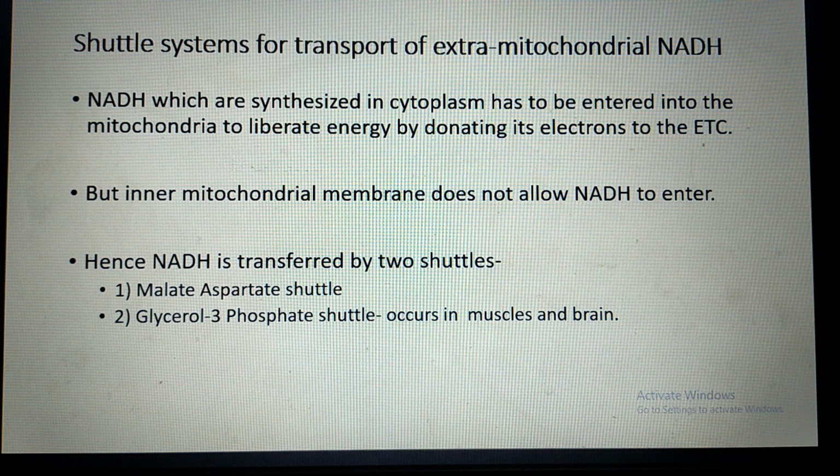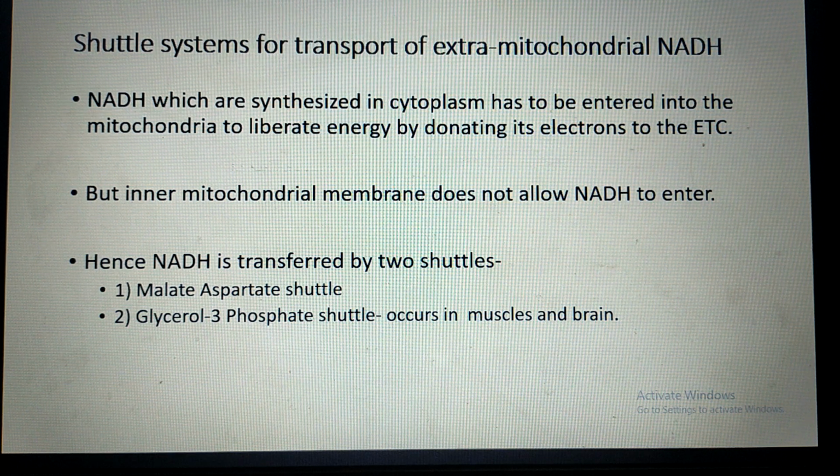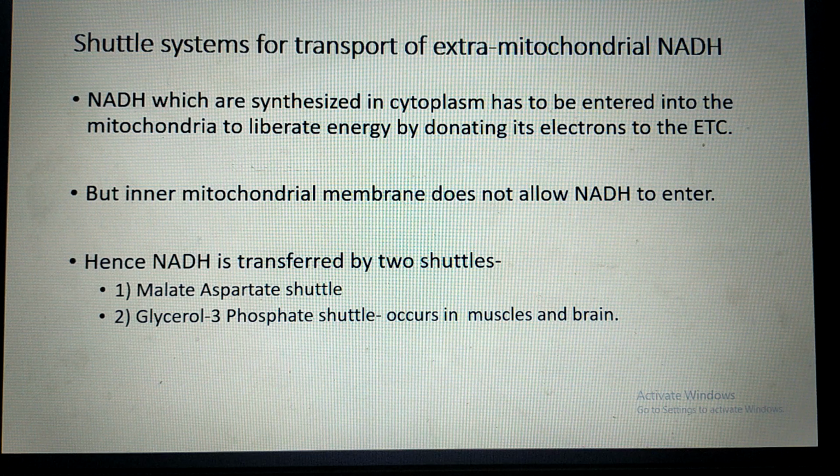This NADH has to enter into the mitochondria to donate its hydrogen atom or electron to the electron transport chain. But the inner mitochondrial membrane does not allow this NADH to travel through it. Hence, two shuttle systems are present for transfer of this NADH from cytoplasm to mitochondria.